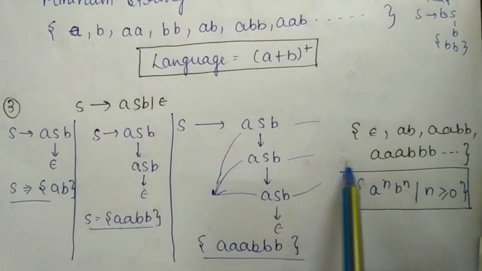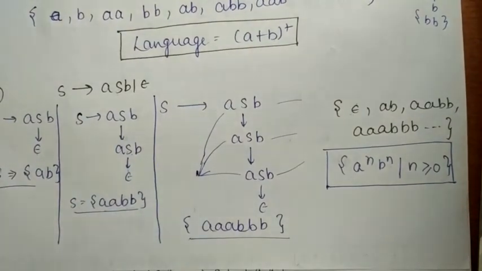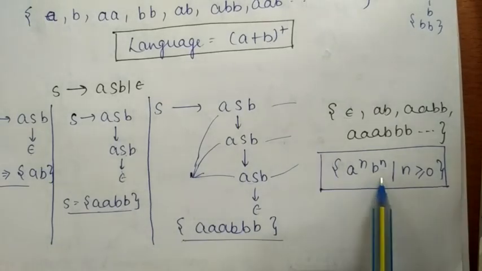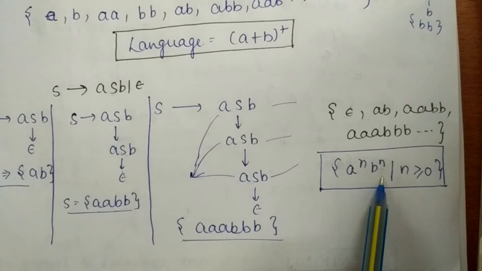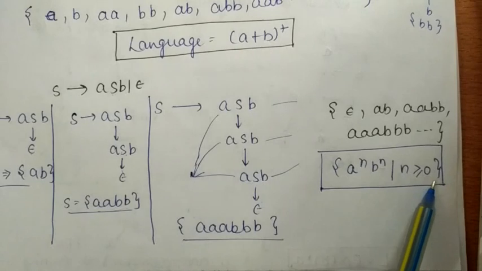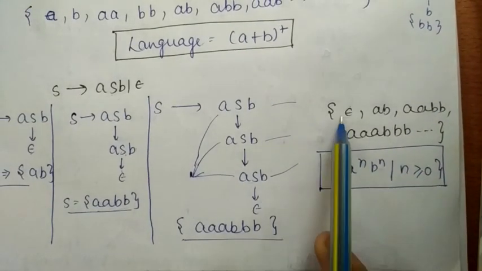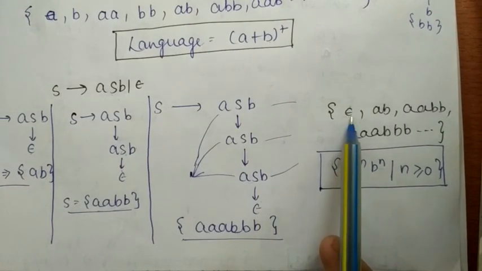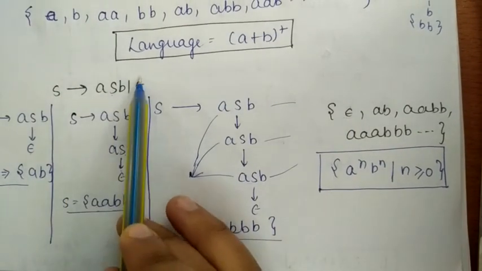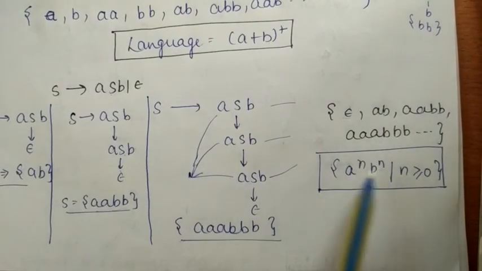So the conclusion is, for every a it will generate one b, meaning the number of a's will be equal to the number of b's. So the language will be a to the power n, b to the power n, where n is greater than or equal to 0. Why have we written equal to 0? Because this set contains epsilon, since we can have S tends to epsilon also, so that's why we have written 0 here.